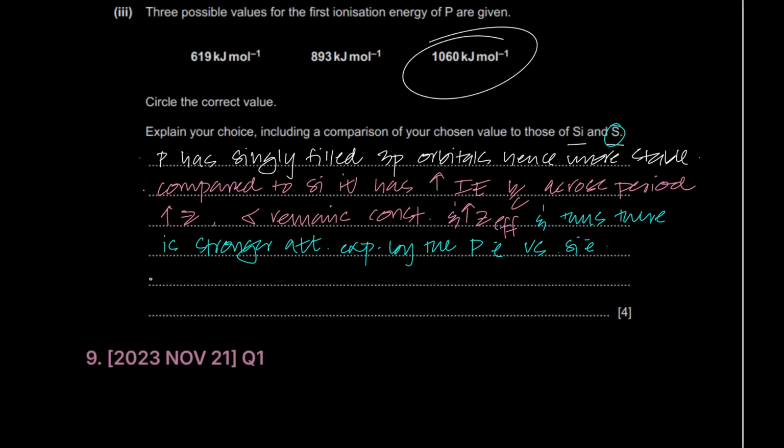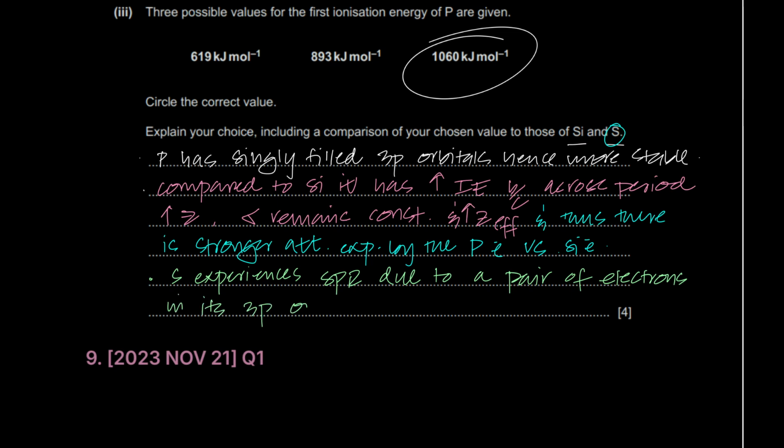I'm going to say that sulfur experiences spin pair repulsion, SPR, due to a pair of electrons in its 3p orbital.